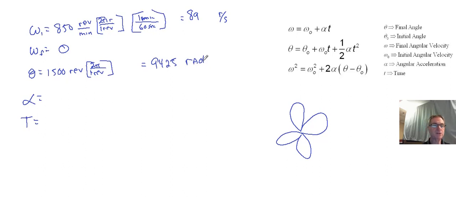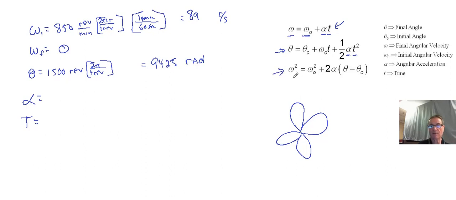We're looking for alpha. Which equation is going to get us that? We have an alpha in this equation here. We have initial and final velocities, but we don't have time yet, so that's not going to help us. In this equation we have theta and initial velocity, but again, we don't have alpha and we don't have time, so that one's not going to help us.